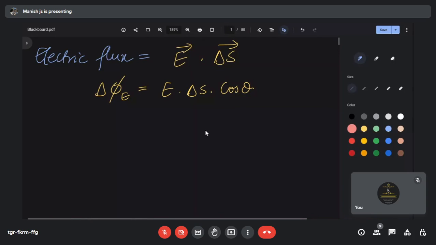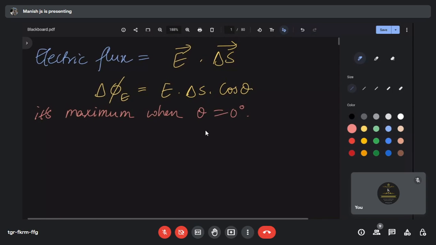And when is it maximum? What was the condition we saw? Theta equal to 0 degrees. When theta is equal to 0 degrees, the electric flux is going to be maximum.